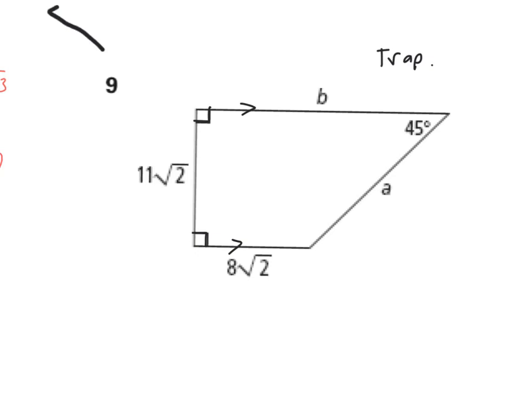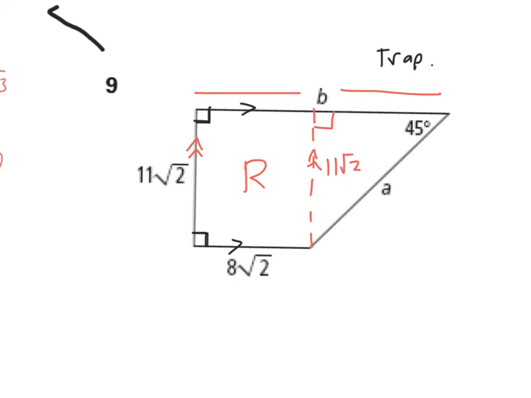What we can do is draw essentially what we call the auxiliary line right there. And what we're saying is that it is parallel to the 11 radical 2. And therefore, I have a rectangle over here and a right triangle over here. So now I know that this is 11 radical 2 here. Now, b is the whole thing here, so I'll get to that in just a minute.